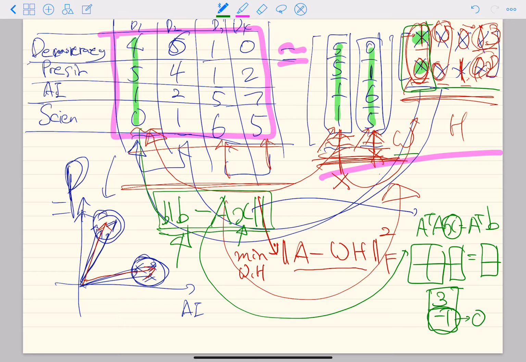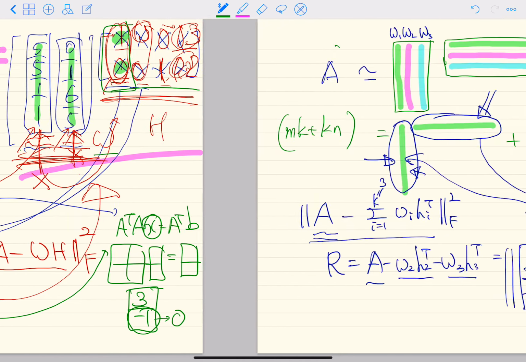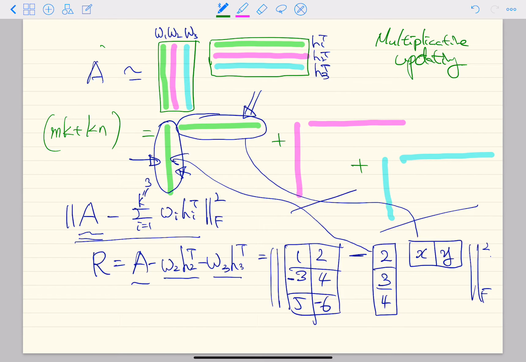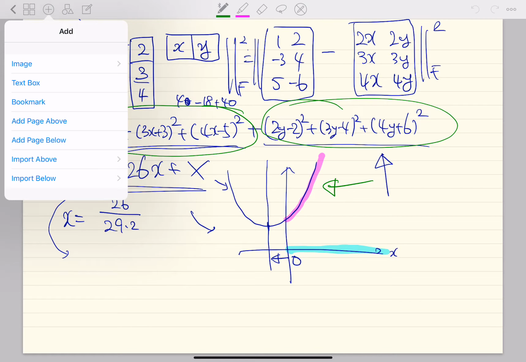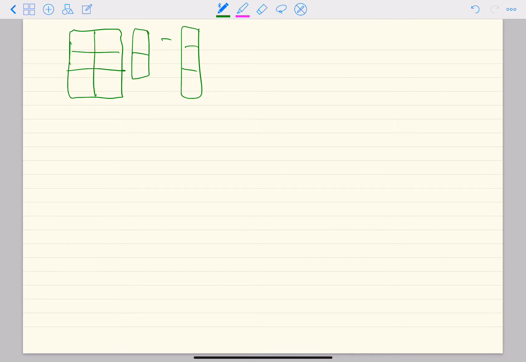So their main idea is really about the optimization theory, which I'm not fully familiar with. So this is typical least squares.